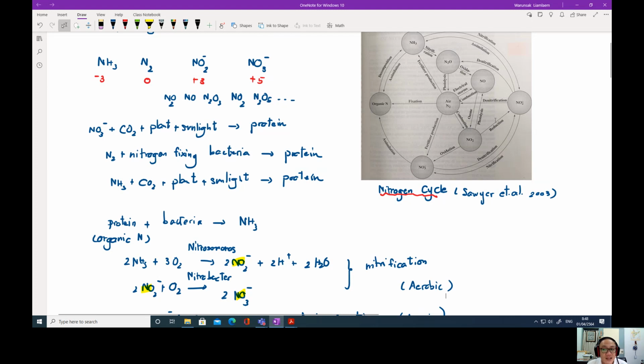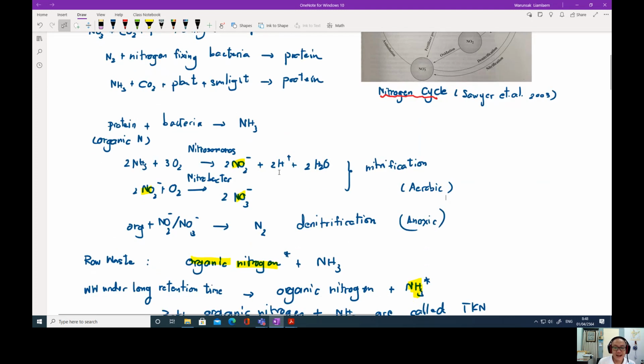These reactions are typically called denitrification. These are the reactions generally found in nature, especially in water and wastewater treatment.